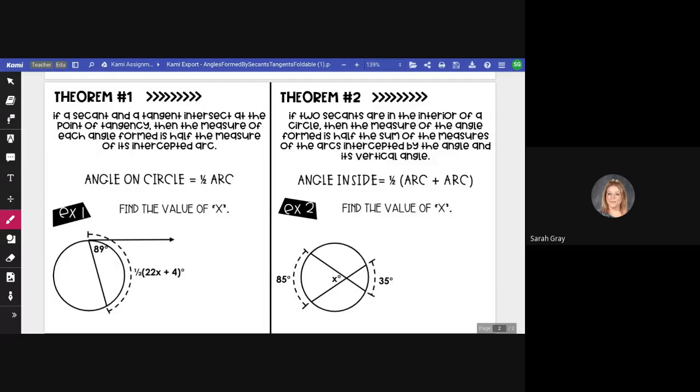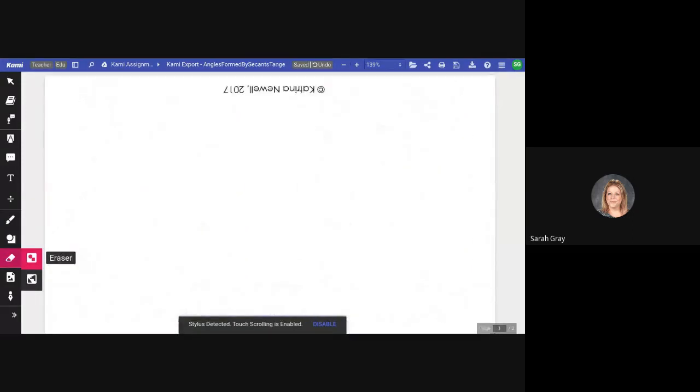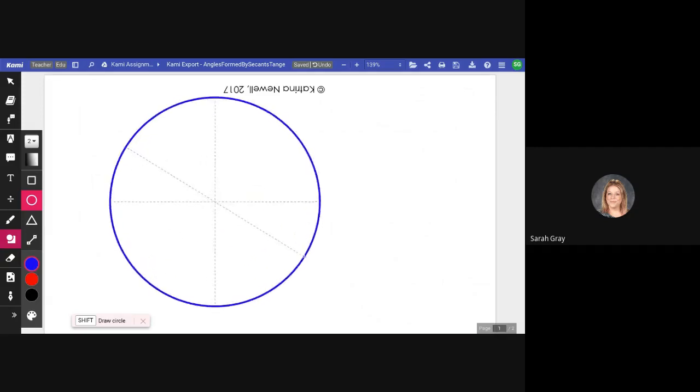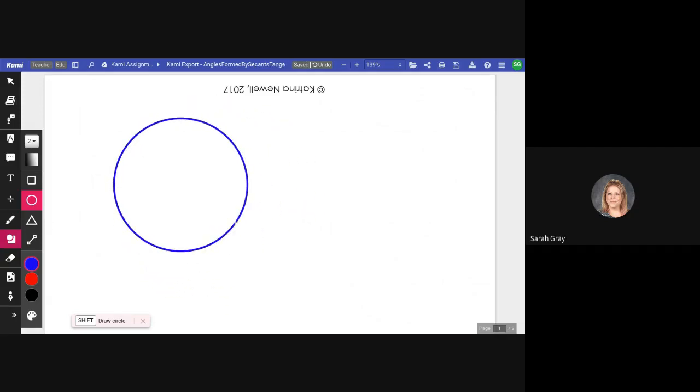What is a secant? Does it cut through a bit of the circle? Yeah. So a secant line is just any line that hits the circle and intersects in 2 points.